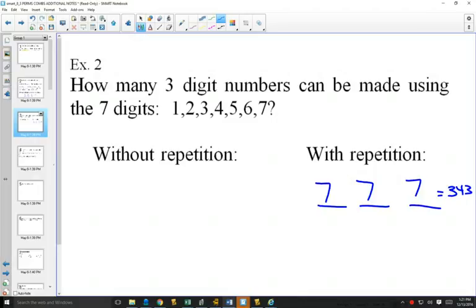But if you weren't allowed to repeat, if we're imagining those are actual objects and you have to use those numbers that are there, then there would be 7 choices for the first one, and one of the numbers would be used up. And then you would have 6, and then you would have 5. And when you're using up objects, this is called a permutation.